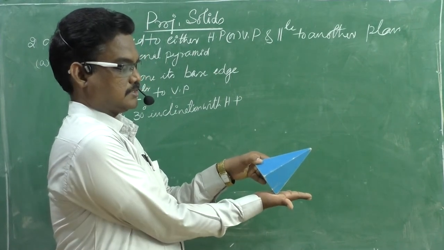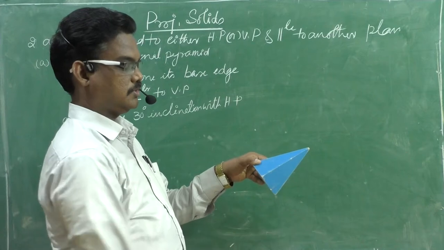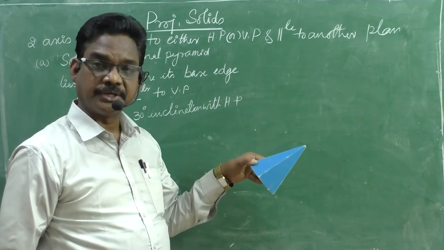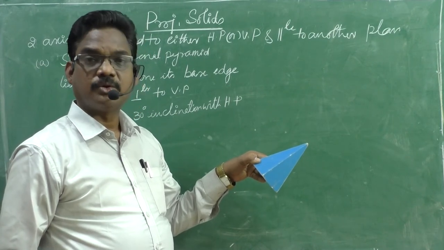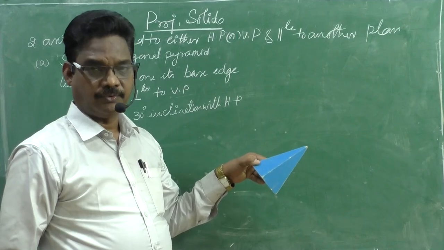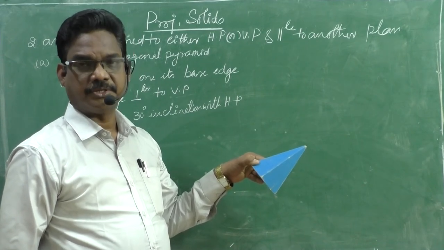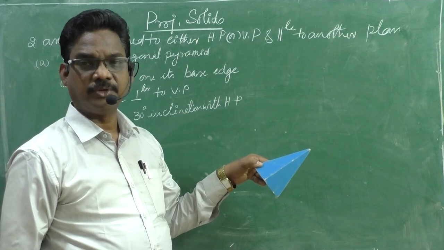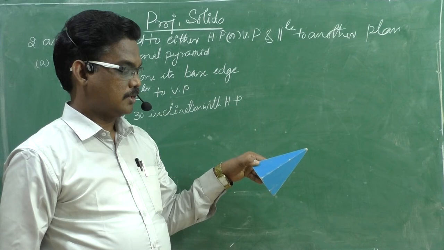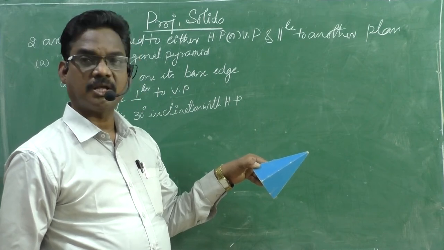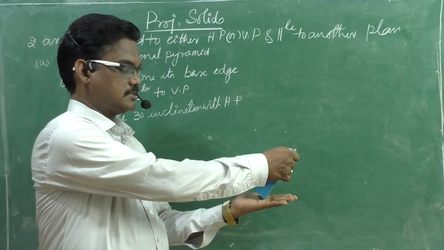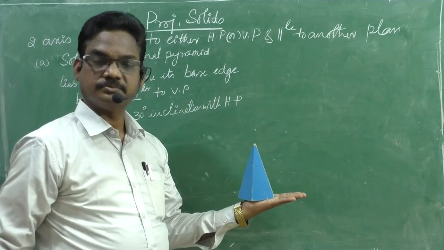Right. Now which position we need to draw first? If it is the final position, we cannot see its true dimensions either in the top view or front view. But if the axis is inclined with HP, now make this axis perpendicular to HP.